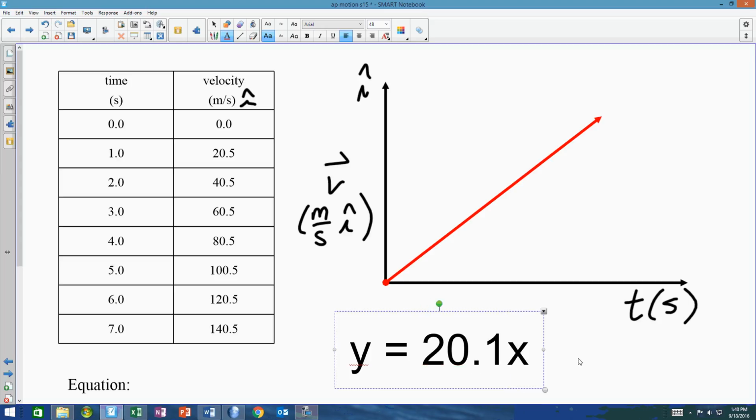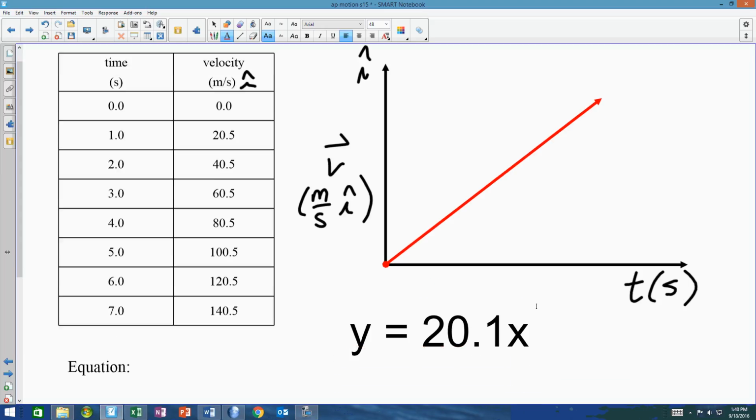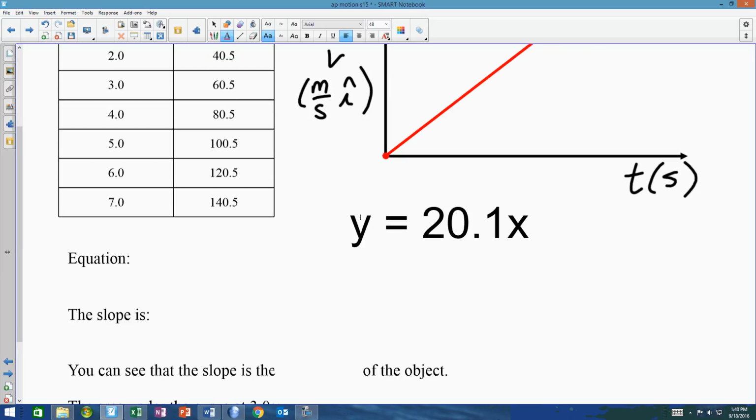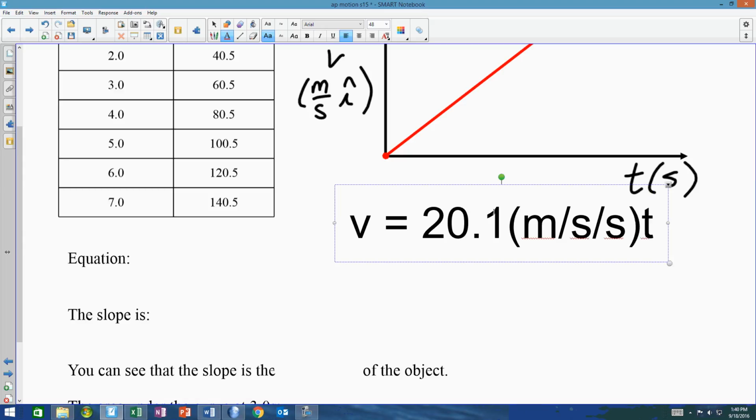I'm not sure about that, but I'm going to put 20.1x. Now we replace our y with what we plotted on the vertical axis. We plotted v. And on the x-axis we plotted t for time. So now we take the units of our slope, which are the units of the rise divided by the units of the run. That's going to be meters per second divided by seconds.